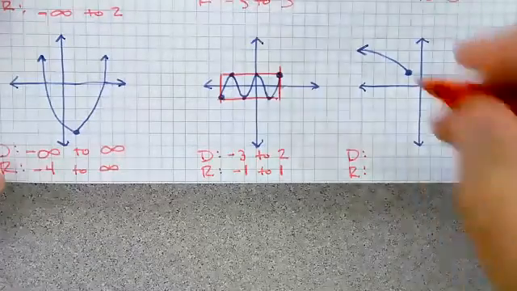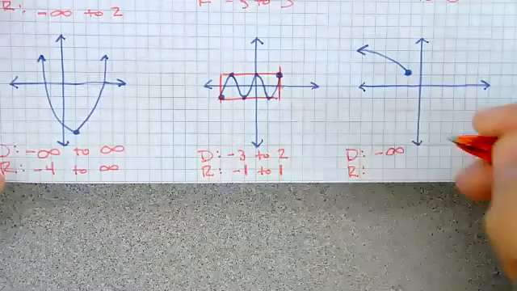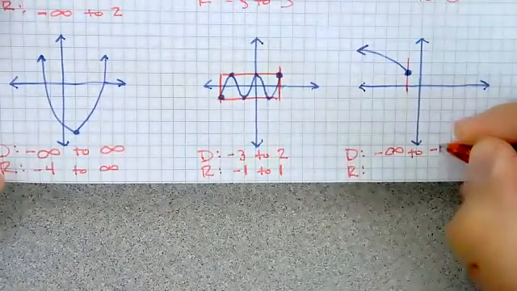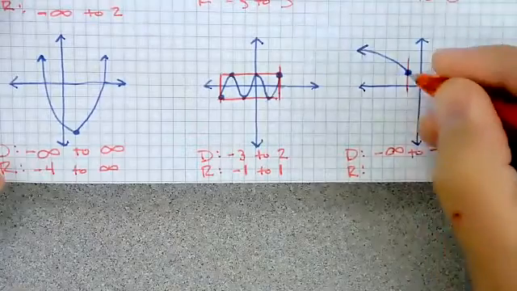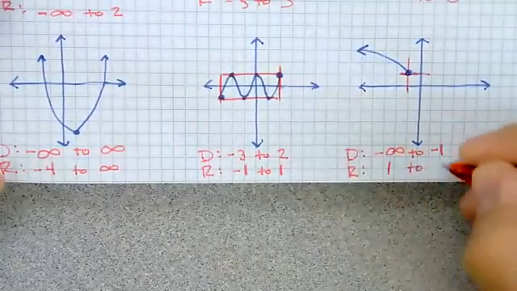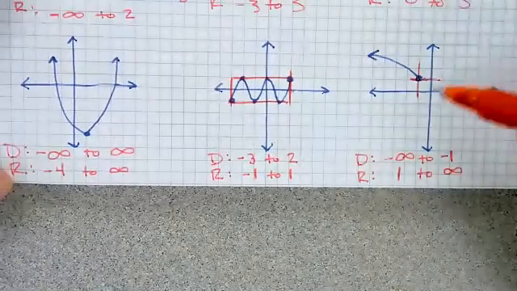Okay, domain on the last one here goes to the left forever, so it goes from -infinity all the way to -1. And then the range would be my lowest value from +1 to infinity, because it continues to go up forever as well.